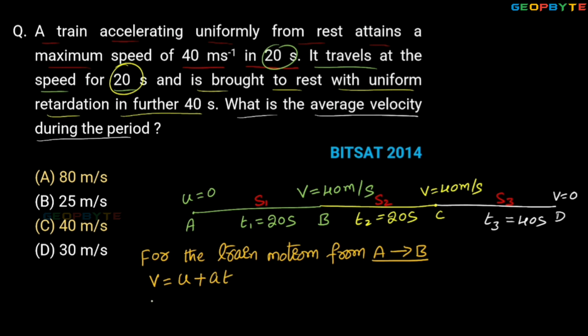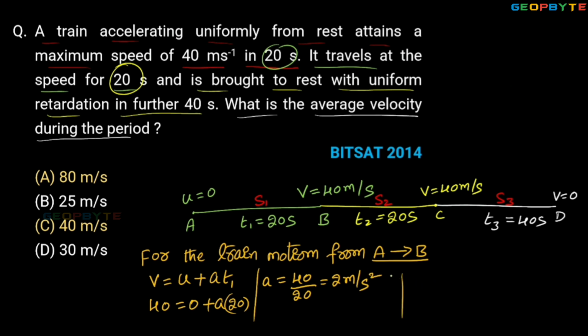Right? v equal to 40 equal to initial velocity u, 0, plus a into t, the time period, that is 20 seconds. From this you can decide the acceleration equal to 40 by 20 equal to 2 meter per second square.